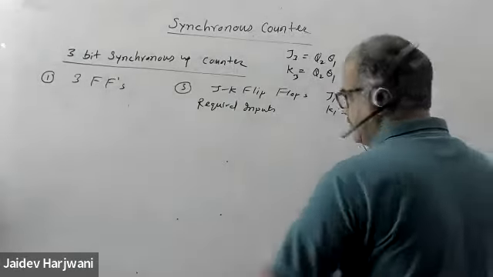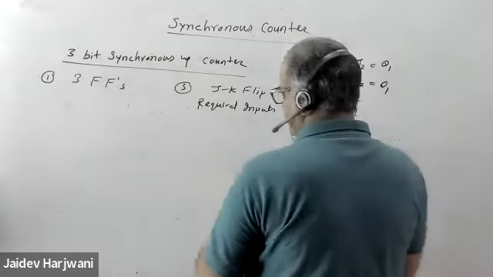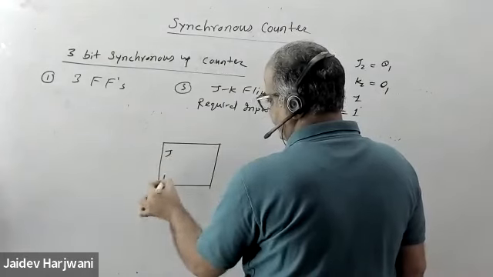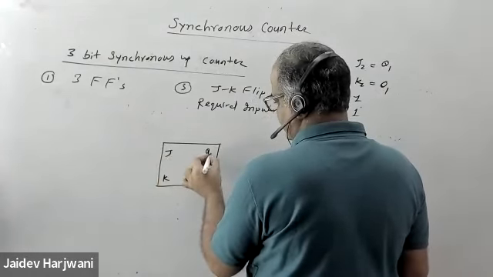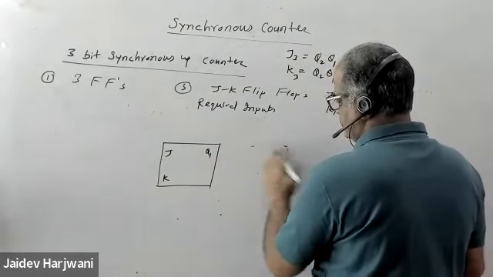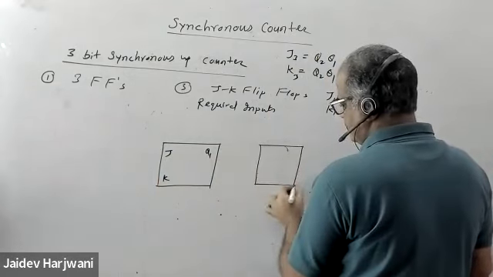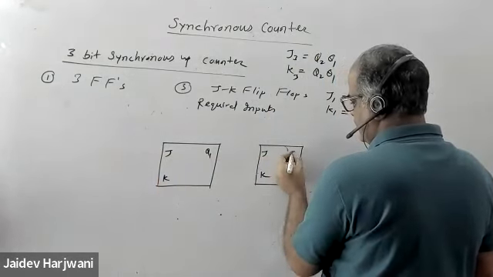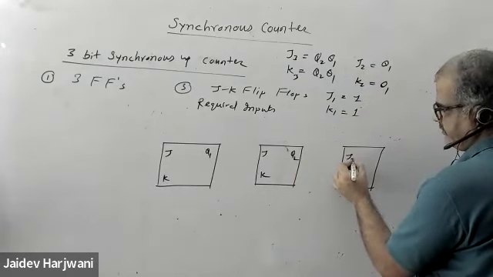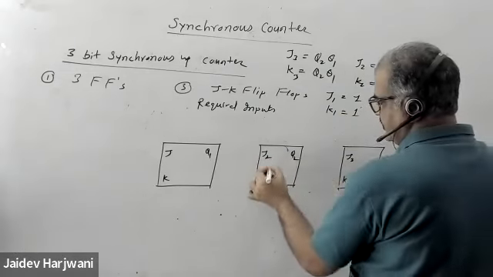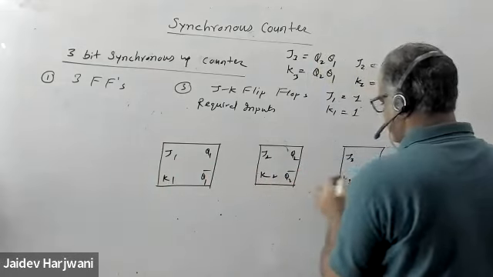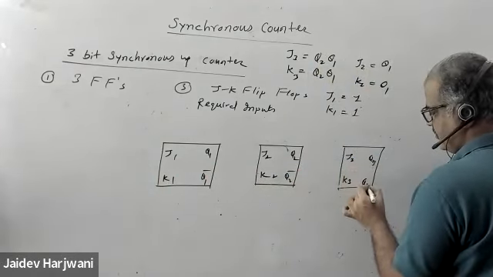Okay, now you want to design the flip-flop. You have the JK flip-flops, Q1, Q2, with the inputs J3, K3, J2, K2, J1, K1 and the outputs Q1 bar, Q2 bar, Q3, Q3 bar.